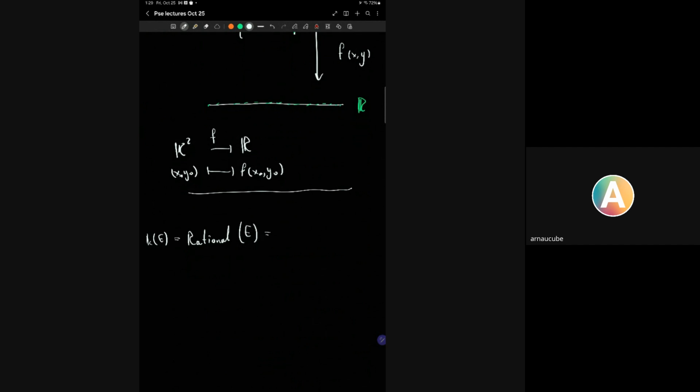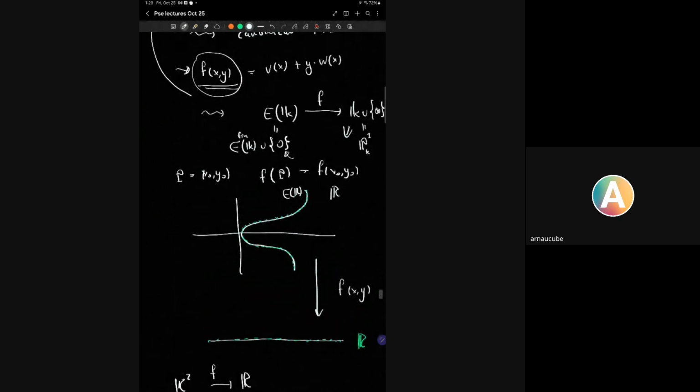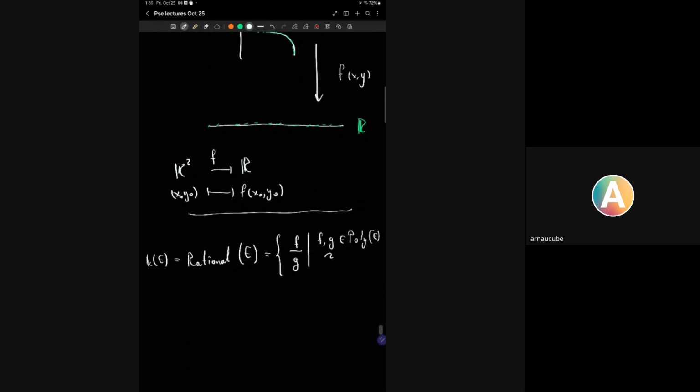I take quotients of F and G such that F and G are polynomials over E. So they already need to come in this canonical form, or I need to think about them as equivalence classes, such that G is non-zero, is not the zero polynomial.